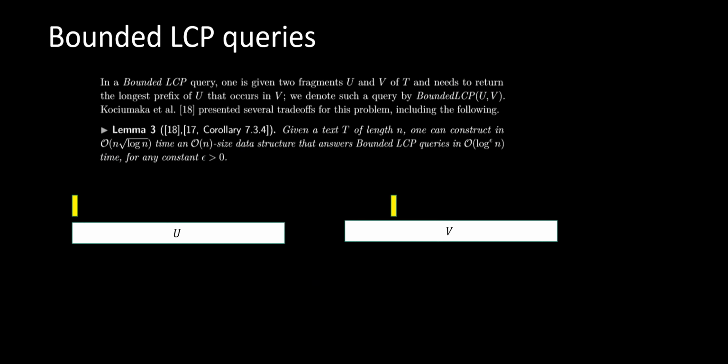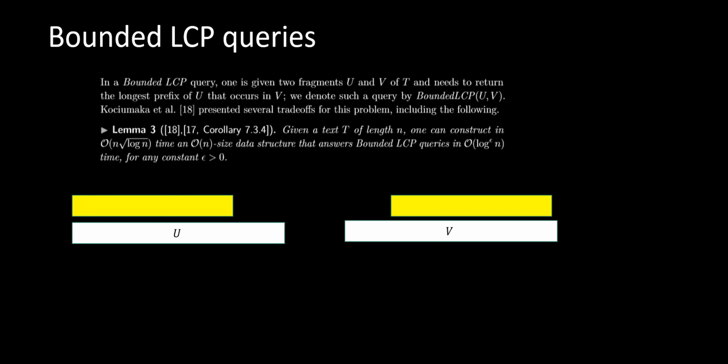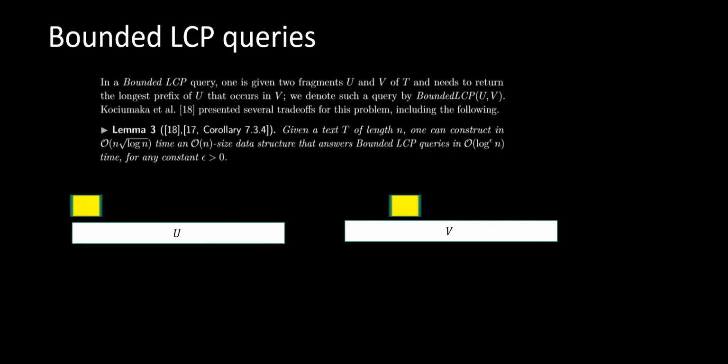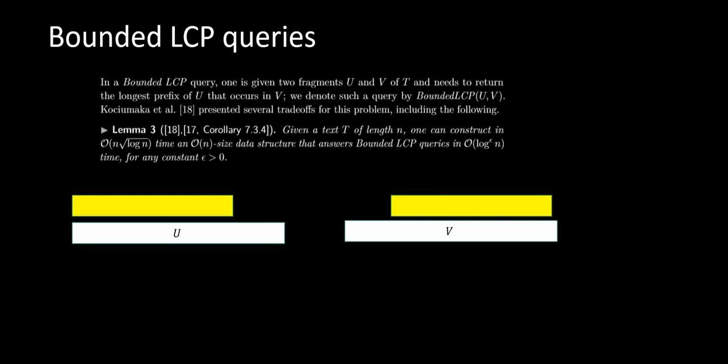We are given a single text and two fragments of that text, so basically two intervals. Bounded SCP queries allow us to get the longest prefix of U that also occurs at V. So we actually extend maximally in U until we cannot find this pattern in V.